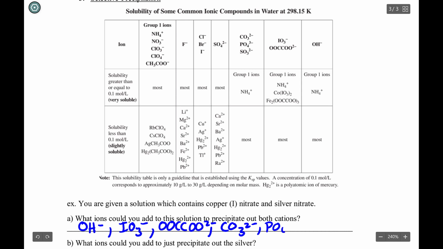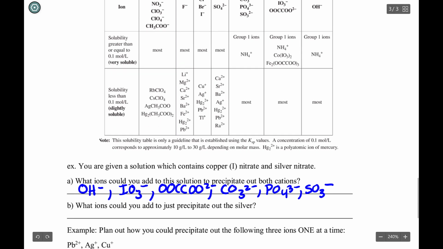So I've got carbonate, phosphate, sulfite. As I move across, we're getting into more detailed stuff. So sulfate is soluble with most, but it is insoluble with calcium, strontium, barium, silver. It is insoluble with silver, but it actually is soluble with copper 1.